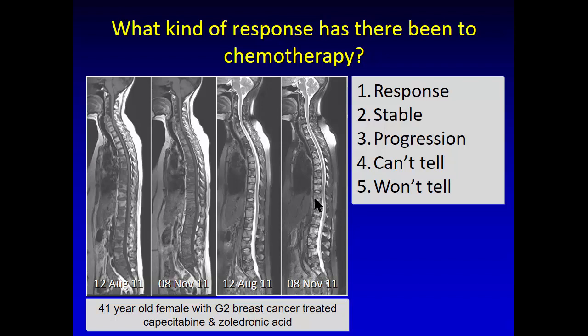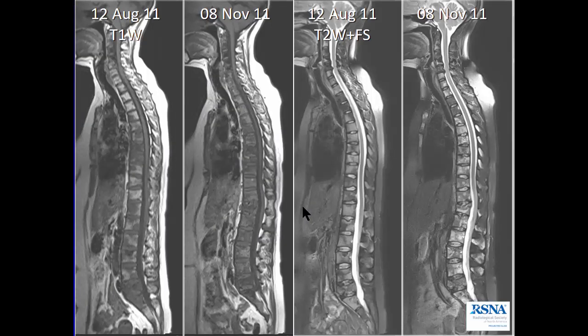Now, here's a patient who has metastatic breast cancer getting chemotherapy. And there are some radiologists I've noticed in this room. So the physicists here don't have to answer this question. So chemotherapy, here we go. From between that and that, pre and post-treatment, response, stable, progression.